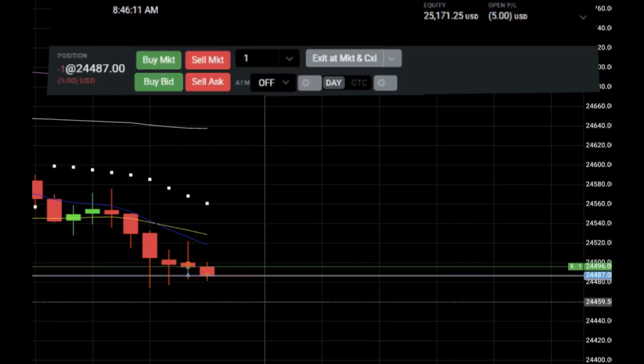I kind of squeezed out a little bit on that long just because I wouldn't take a loss, but again, we've been really consolidating down here versus pushing up. So taking that short is where I made the decision to do right here.